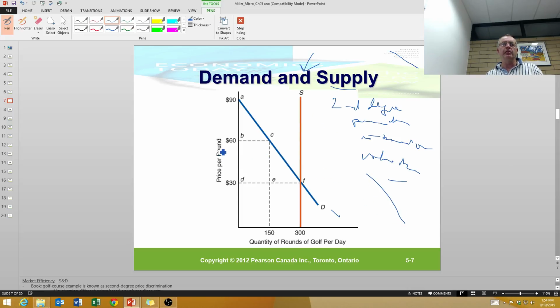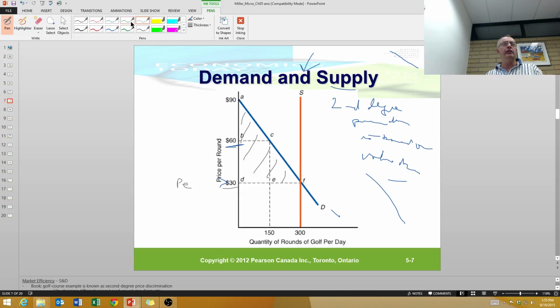And in the example in the book, the golf course charges customers $60 per round. But then it says, hey, if you buy an additional round, we'll give you the next round at half price. So the original consumer surplus, if the vendor charged this equilibrium price of $30 a round, would go to all the consumers.